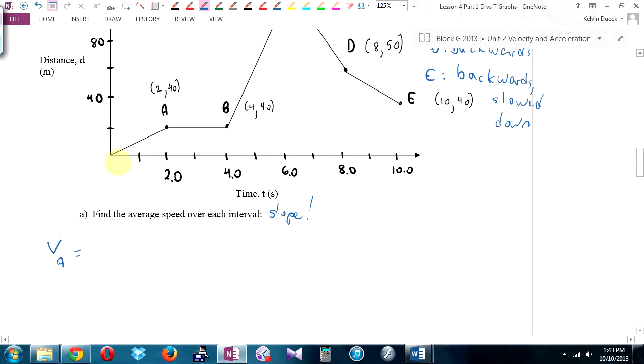Well, what's the rise? How high is point A? That's a typo that we need to fix, Mr. Dueck. Can you make that a 20? I'll have to remember to fix that on my handout.